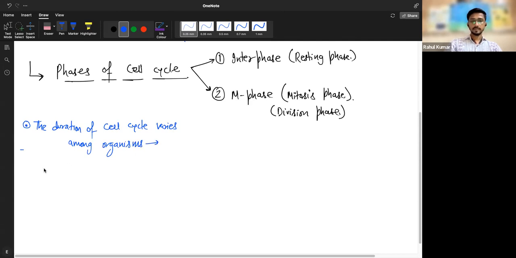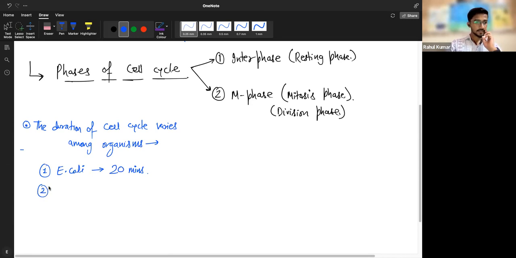Some you have to remember. Bacteria, for example, E. coli. One cell cycle of E. coli is around 20 minutes. So it divides in 20 minutes, completes the cell cycle in 20 minutes.